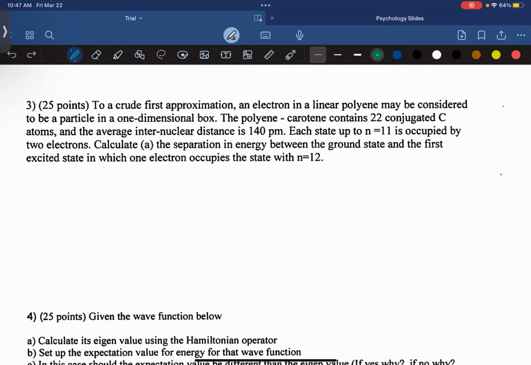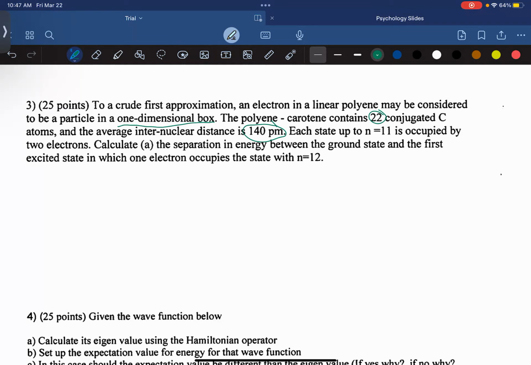So then this third one is talking about a linear polyene that you consider a particle in a 1D box. It says carotene has 22 conjugated carbon atoms, internuclear distance of 140, probably picometers.